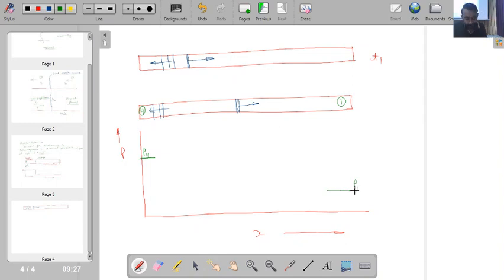Now let's consider that the region just upstream of the shock wave is having state 2.